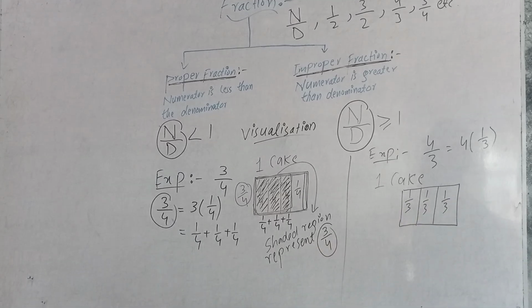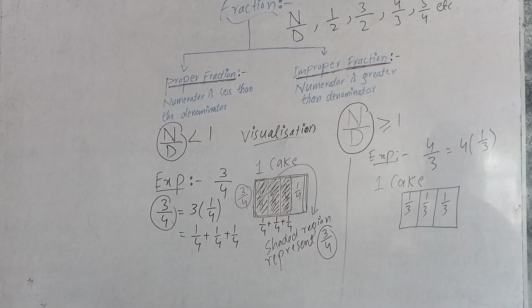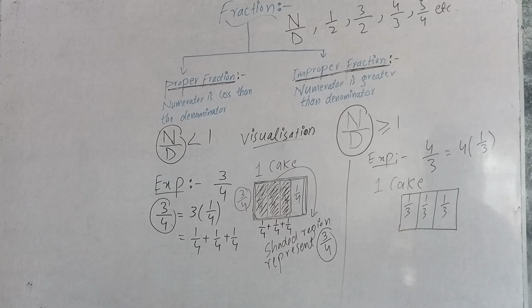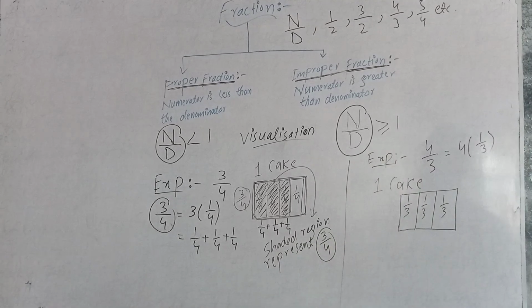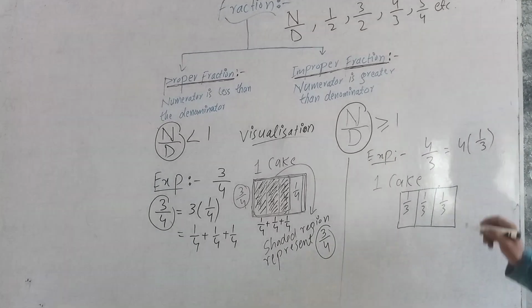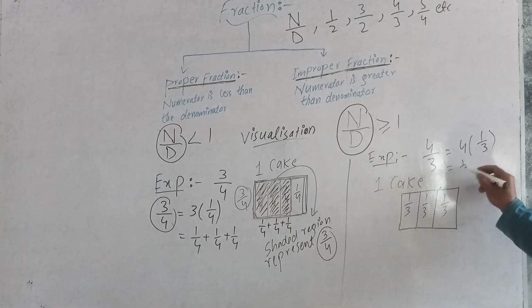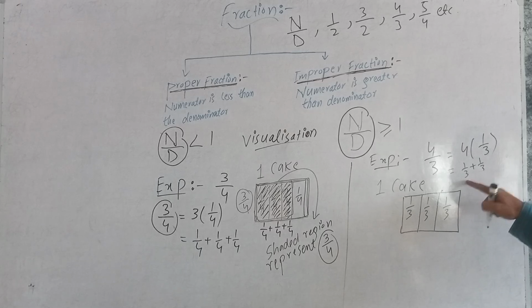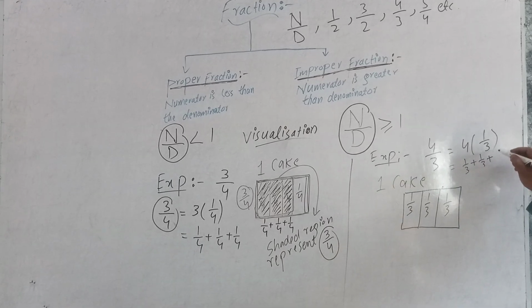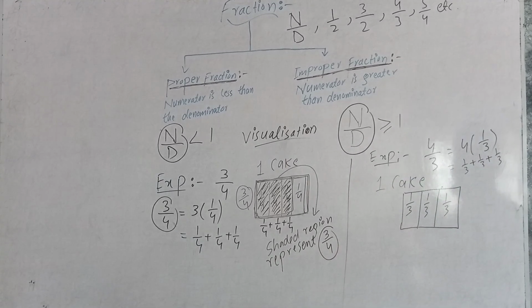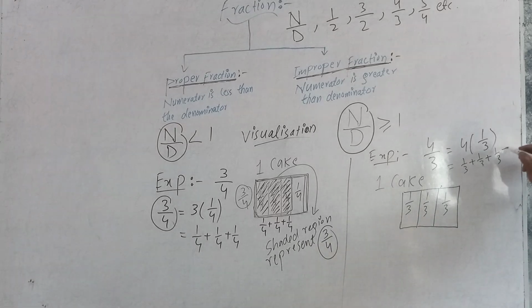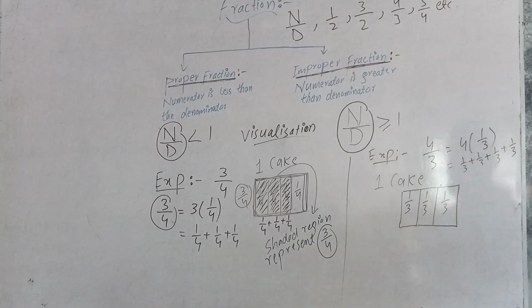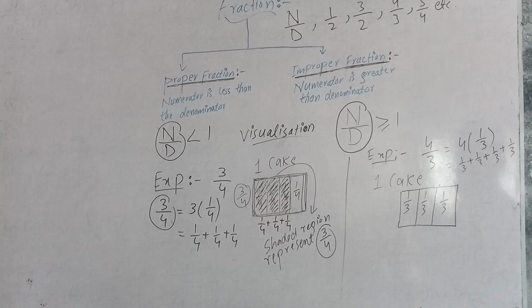Now, what does 4 times 1 over 3 mean? It means 1 time 1 over 3, 2 times 1 over 3, 3 times 1 over 3, and 4 times 1 over 3.